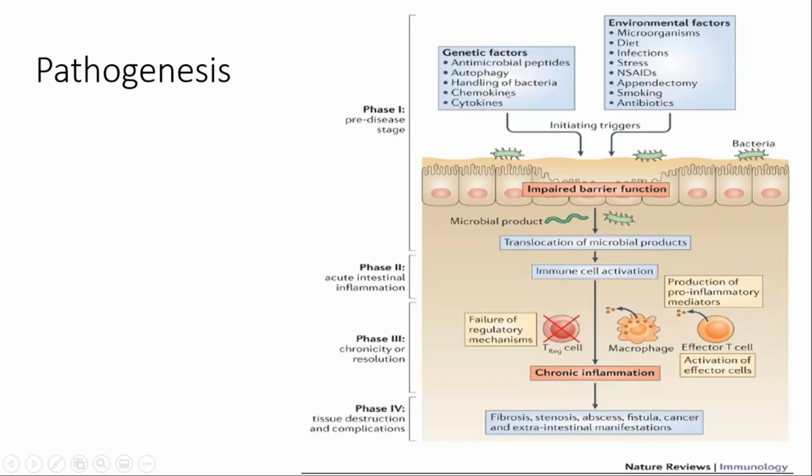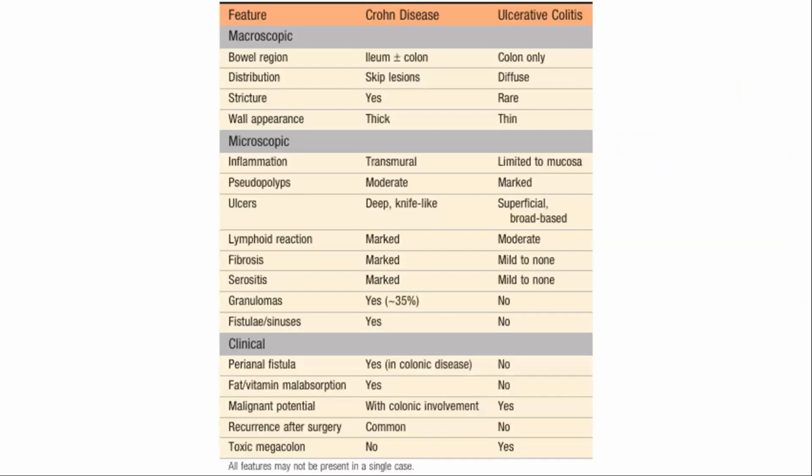It can be due to genetics in susceptible hosts, and also other environmental factors, where it causes the epithelium to become dysfunctional, and thus allows bacteria to translocate into the bowel and leads to activation of immune response, and there will be derangement of mucosal immune response, and thus leads to this inflammation, which is the pathogenesis of IBD.